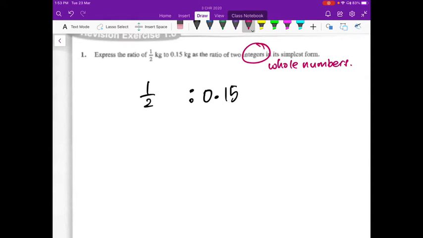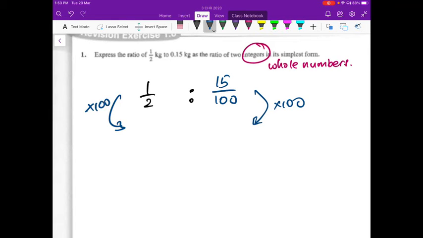So this over here is actually 15 over 100. Let me change that first. 15 over 100. So I need to multiply by 100 to remove the fraction. So I get 50 to 15. Then divide by 5.